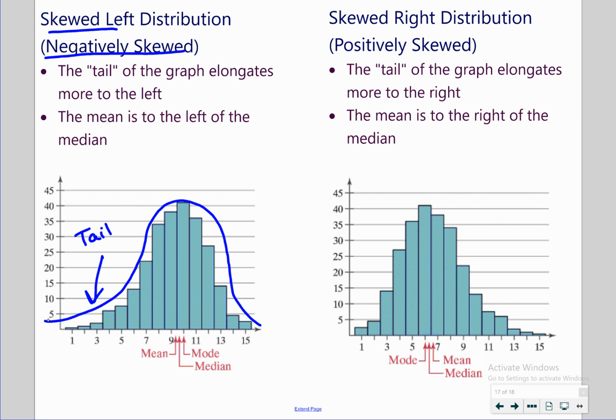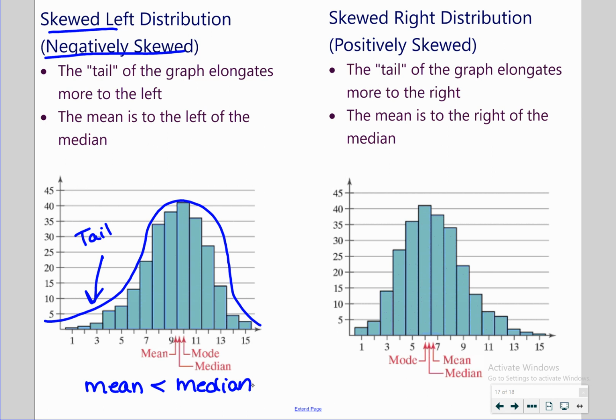Where the tail is located is which way the graph is skewed. I have more data values to the left, so it creates a tail to the left, and therefore we say it is skewed to the left. In this case, the mean is less than the median. So we've got maybe some outliers or some low numbers that are pulling that mean down, and that's what's causing it to be skewed left.